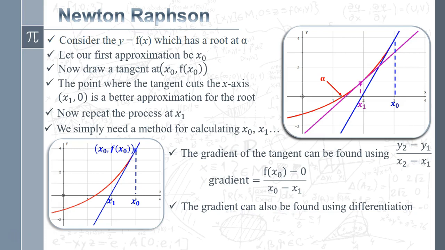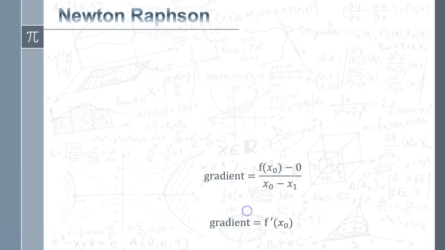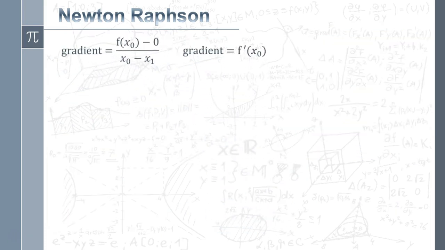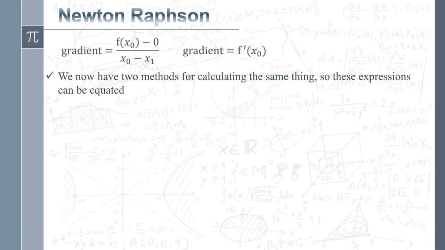So there's a method for finding the gradient. Let's just put that to one side for a second, because we could also do it by differentiation. We know the gradient of the tangent is the same as the gradient of the curve at the point x0, so we can quite simply say that our gradient is f'(x0). So what we've got now is two ways of calculating exactly the same thing, so these two expressions can be put equal to each other.